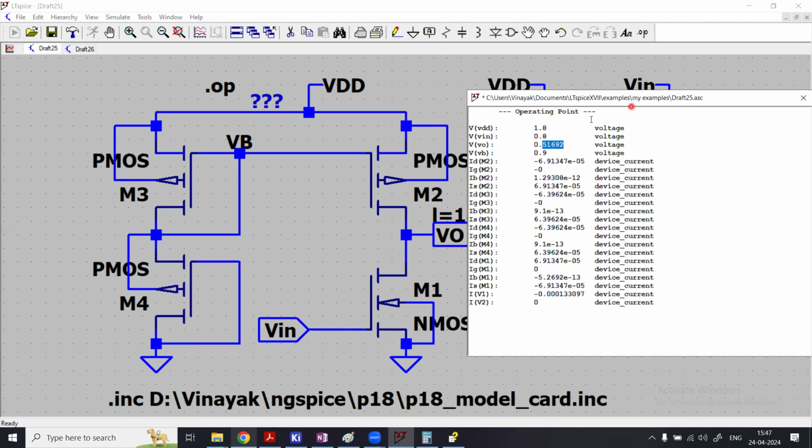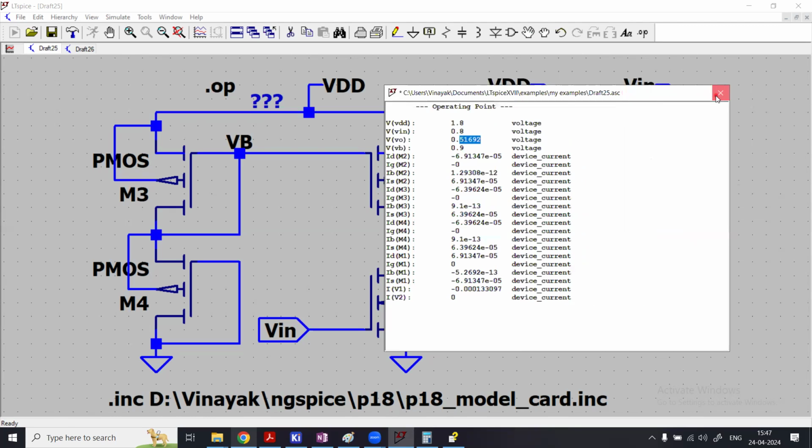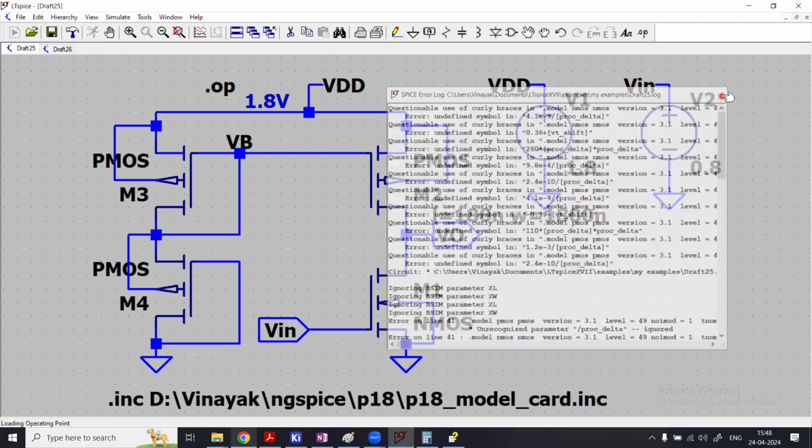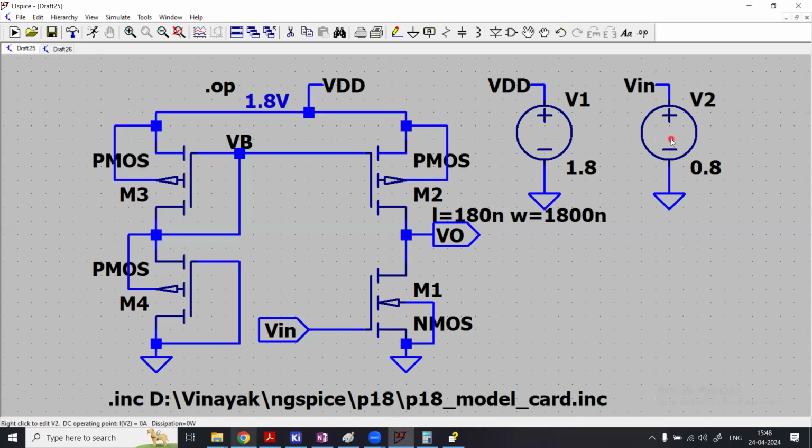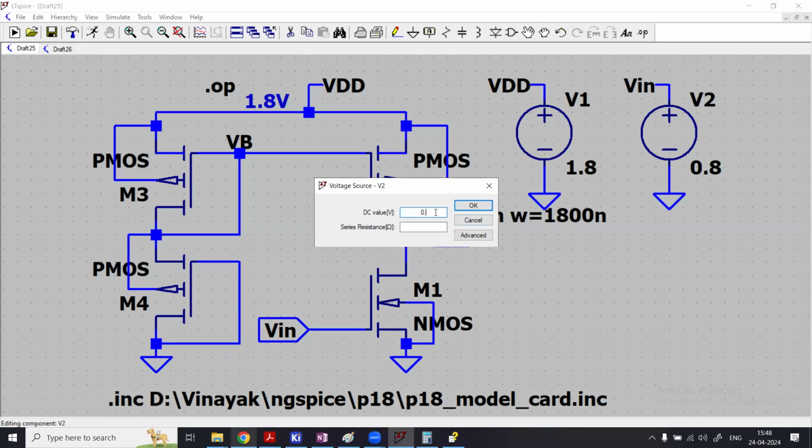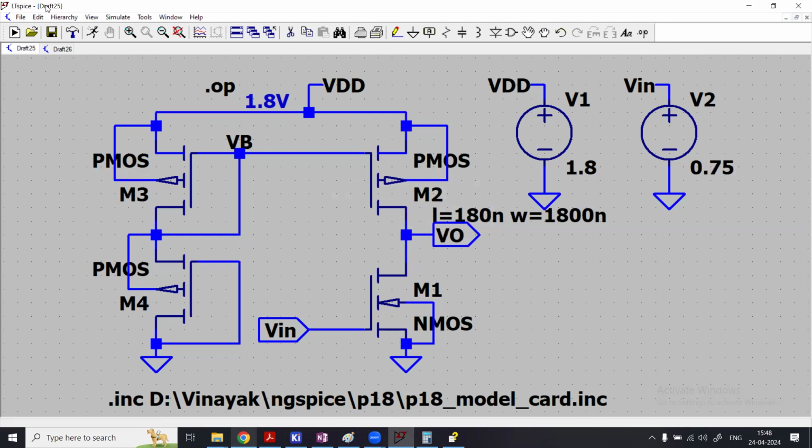So still this VO is not enough to make M1 saturated, right? So what we'll do is click here, 0.8, so maybe 0.75 should be okay, and we'll see how much is there.